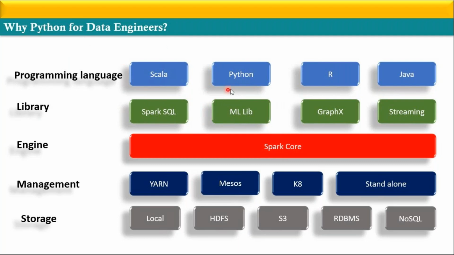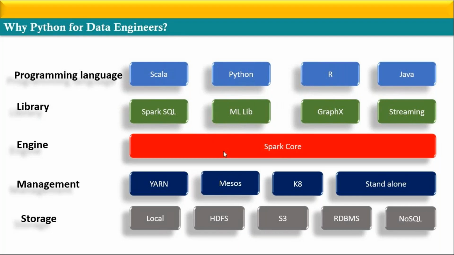And if we have knowledge of Python, then we will be able to code for PySpark. With PySpark, we will be able to write the code and take the benefits of the Spark cluster. We will be able to process the data with low latency.